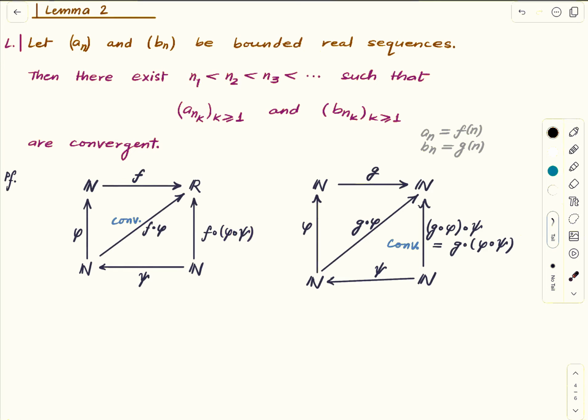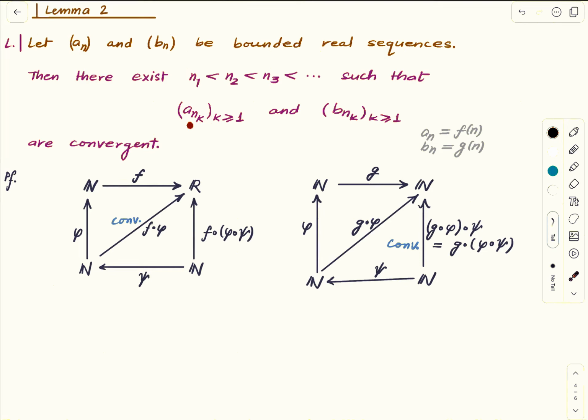The more traditional way of writing this proof is the same thing. You pick a convergent subsequence of a, then you create the corresponding subsequence for b, and then you extract another subsequence of that, and it's the same proof, but writing it in this manner will involve triple subscripts.